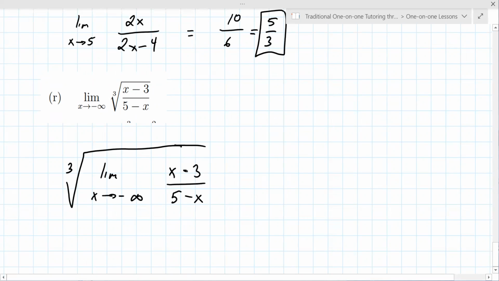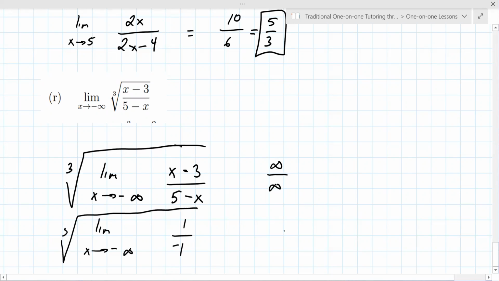And you again get this indeterminate form, infinity over infinity. You take a derivative: the limit as x approaches minus infinity of 1 over minus 1. And you have the cube root there. So the limit of this inside part is minus 1, so it becomes the cube root of minus 1, which is minus 1.